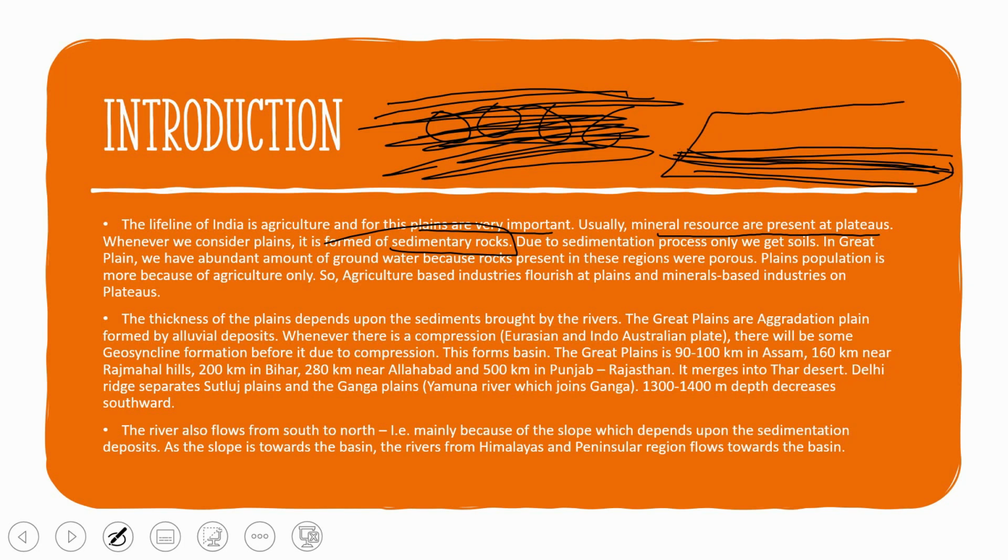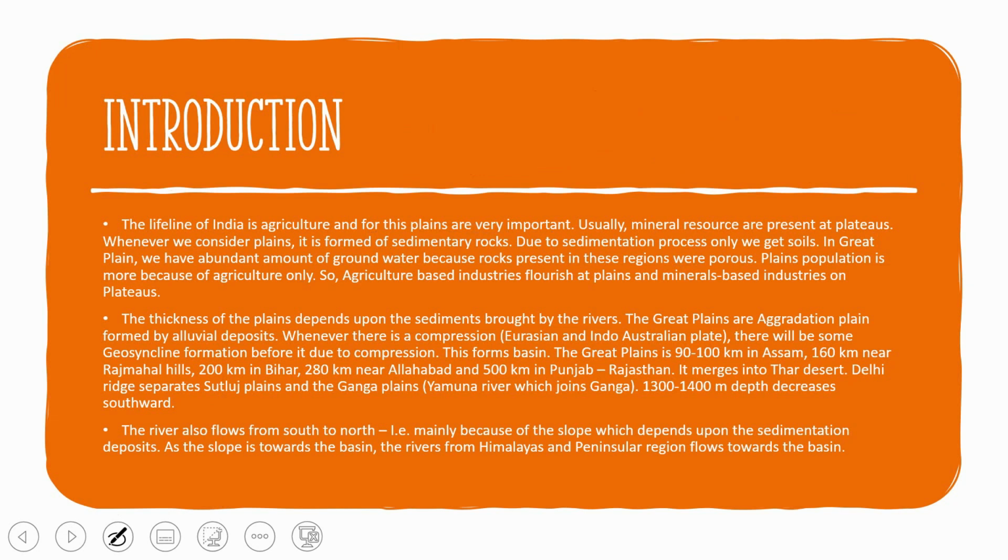Due to the sedimentation process we get soils, and in the Great Plains we have an abundant amount of groundwater because the rocks present in these regions are porous. The plains' population is high because of agriculture. So agriculture-based industries flourish in plains, and mineral-based industries flourish at plateaus. I hope you are understanding what I am saying.